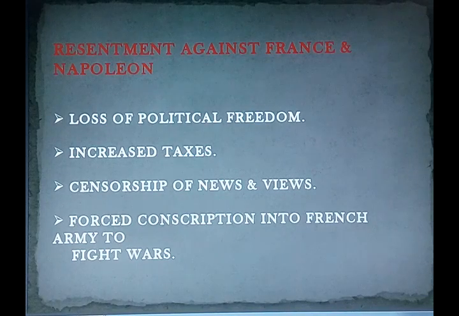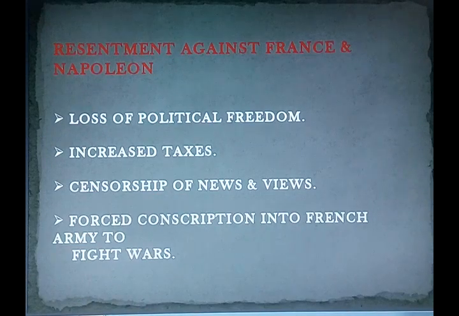Then censorship of news and views. This is very important. He didn't allow the media to publish anything which was questionable. He just felt that he should control the media and not allow anything said against him or against his administration. This is called censorship.